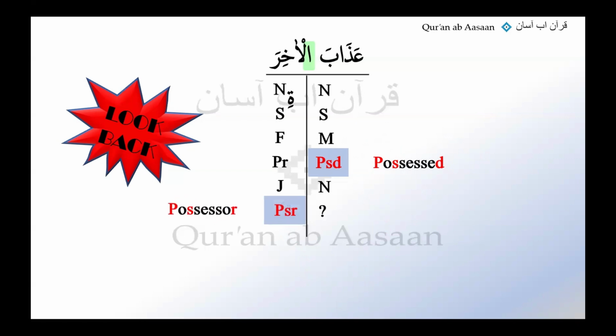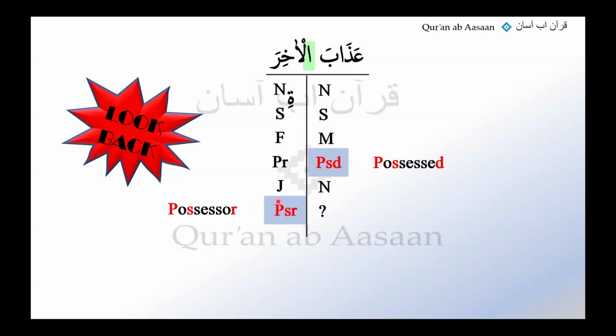Again, please note that I am saying azaba as no al, no tanween, possessed. I'm going to say the whole thing. But I'm going to write the abbreviation for your ease. As we have been using abbreviations earlier, we are going to use this one, but I don't want any of you to say PSD for the possessed one, and I don't want any of you to say PSR for al akhirati.